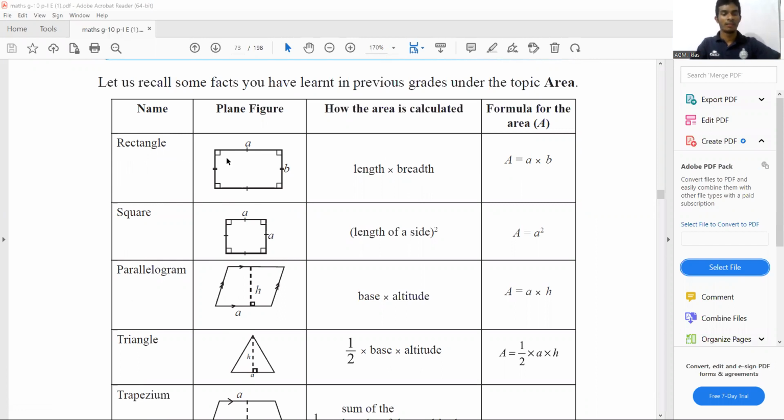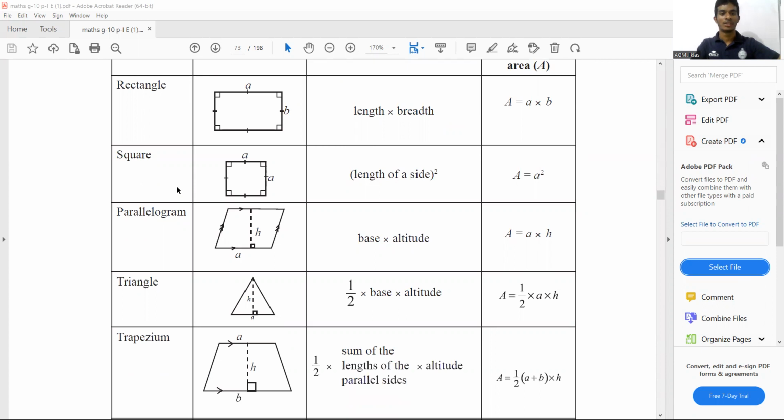For a rectangle, we have breadth and length. So length into breadth is the area of a rectangle. For a square, we have sides, so a square means the square of one side.